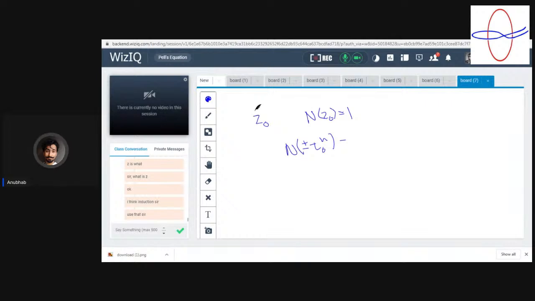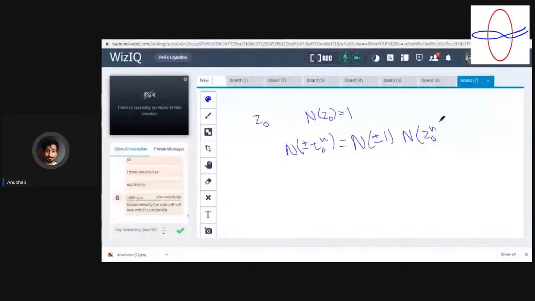Norm of this is basically norm of plus minus one times norm of z naught to the power n. Now, norm of plus 1 or minus 1 is just 1. And z naught to the power n is what?